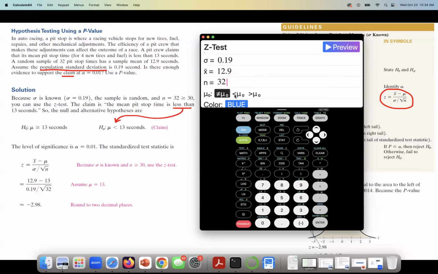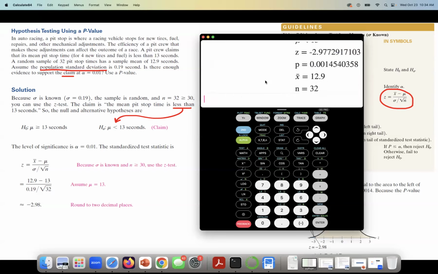When it says claim mu is less than 13 seconds, we have a left tail test. So you're going to select the left tail. Now click on enter, calculate. It does the calculation for you.